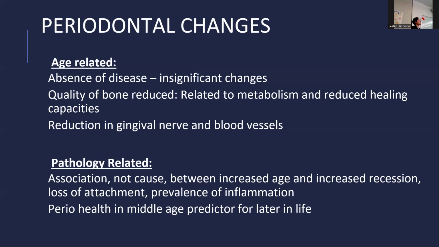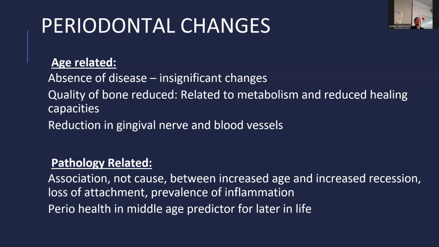But then let's say they get it stabilized and then they live 20 years doing their regular maintenance and they're stable. But if all of a sudden they start losing their ability to have the same level of oral hygiene care, the same level of coming in, then that could rear back up again.